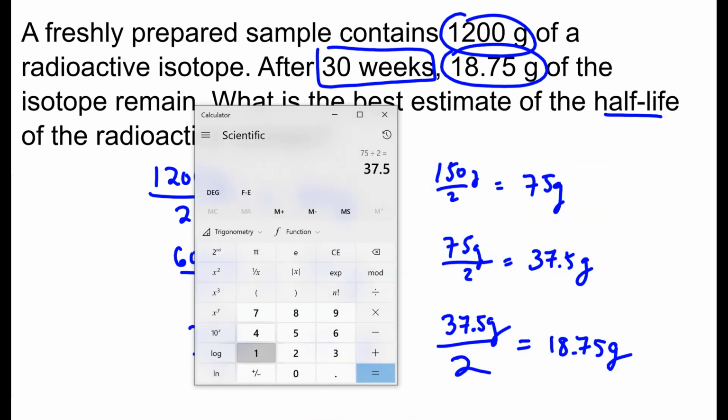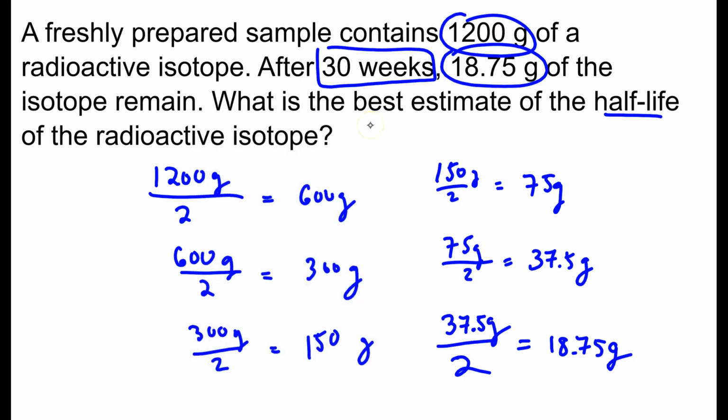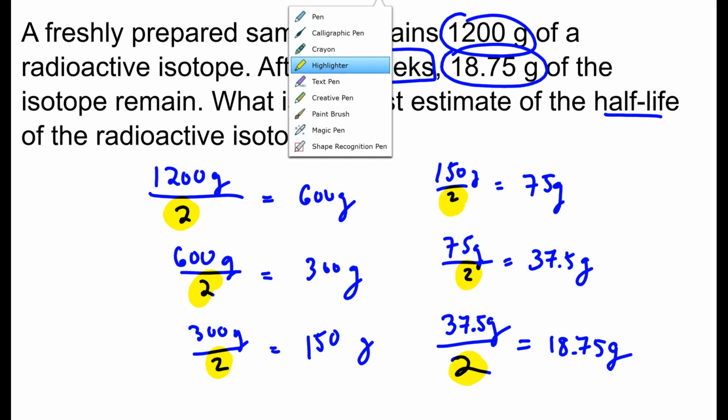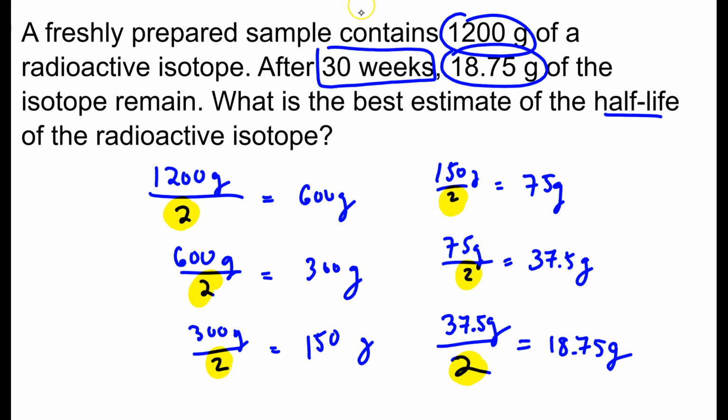Let's try that again. You start with your 1,200, divide by 2. Twice now we've divided, 3 times, 4 times, 5 times, and 6 times. So you just count how many times we had to divide in order to reach the final amount. In this case, we had to divide 6 times.